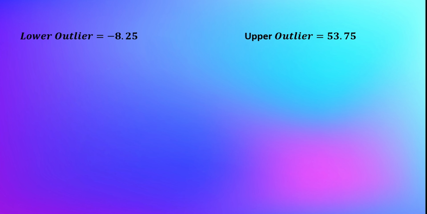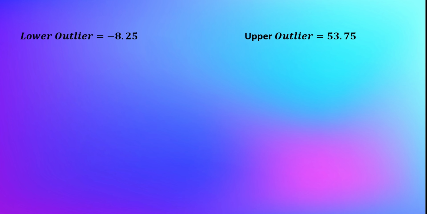So now that we have our lower boundary and our upper boundary, we have to go back to our series of numbers and check if the smallest number is below that one, then we will write it. Then if there is a number that exceeds the upper boundary, then that is an outlier.